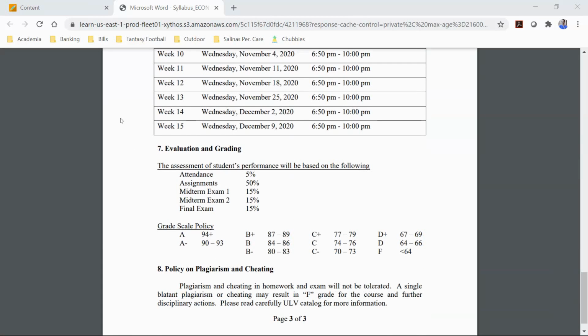Then down here is the grading, and the WebEx meetings go for all 15 weeks of the semester.